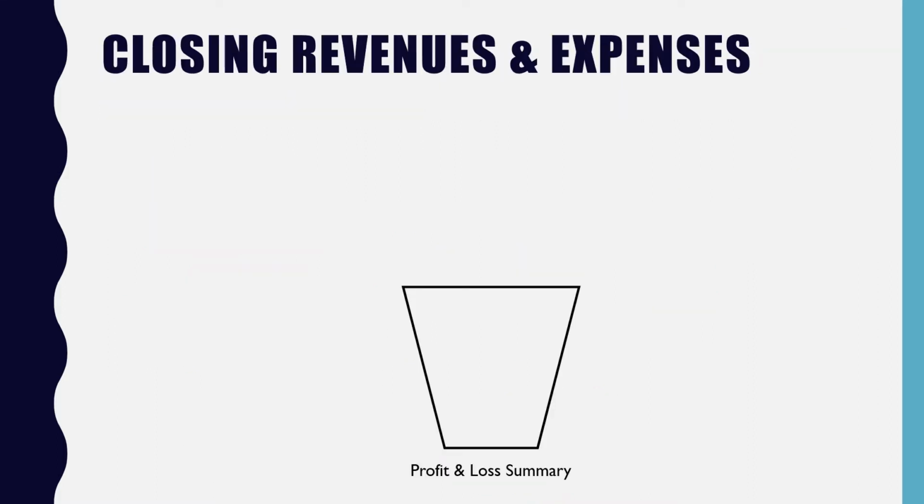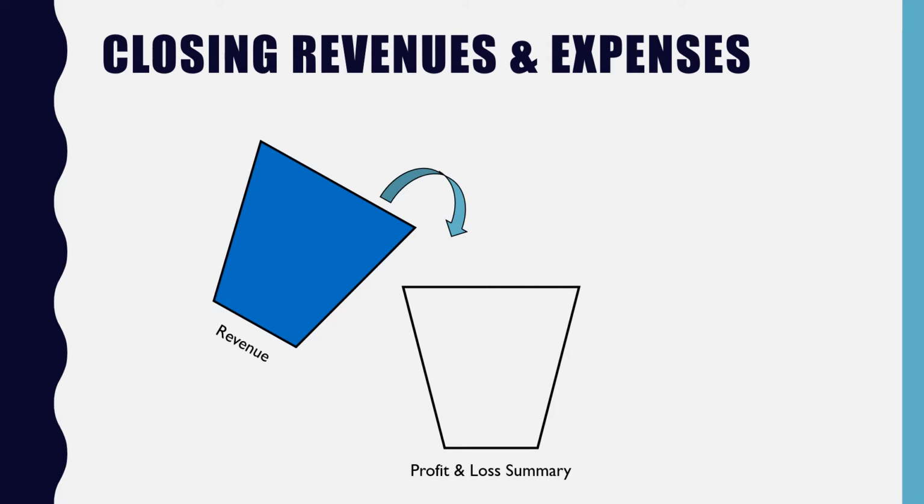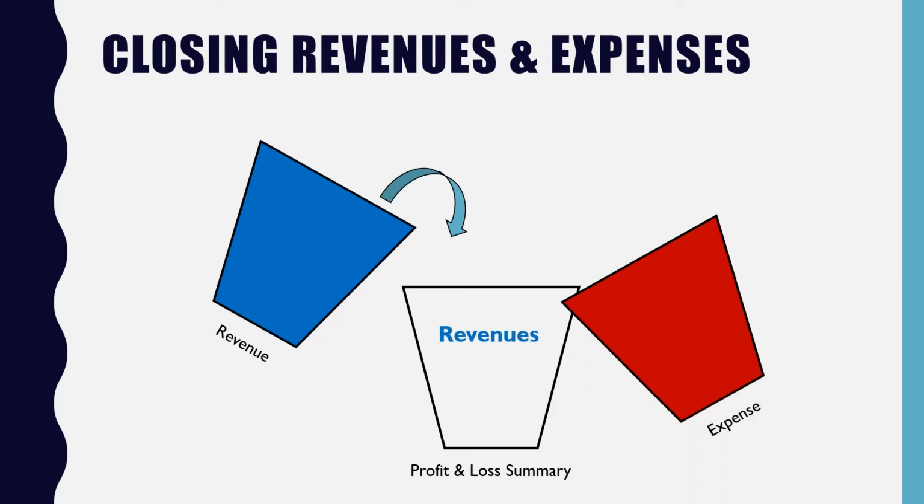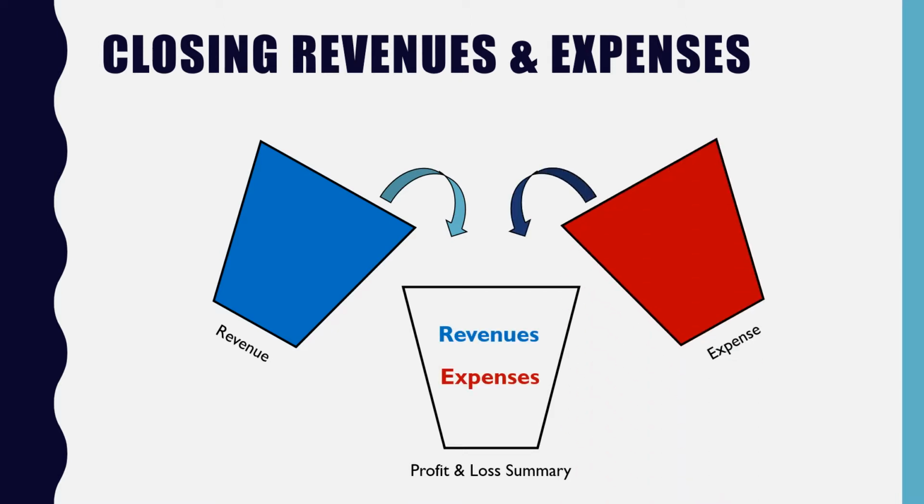I'm going to demonstrate to you how to close the revenue and expense accounts by using what I call the accounting cups. So here I have a cup that represents the profit and loss summary account. And in this account is where we pour all our revenue and expenses into. And this allows us to calculate the profits or losses for the period.